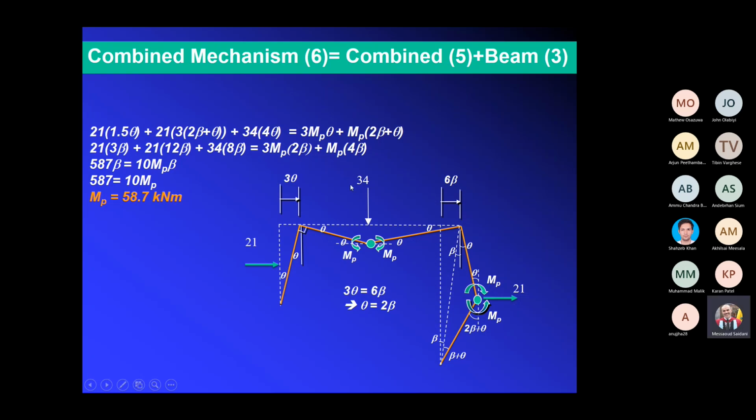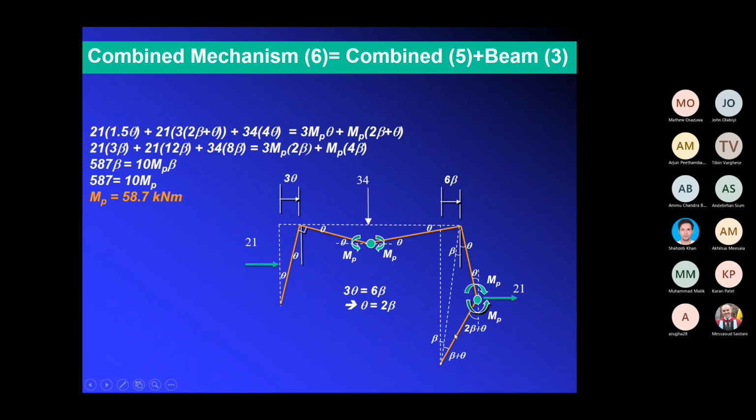Plus 21 times the displacement from there to there. So 21 times the displacement here, which is 3 times 2 theta plus beta.